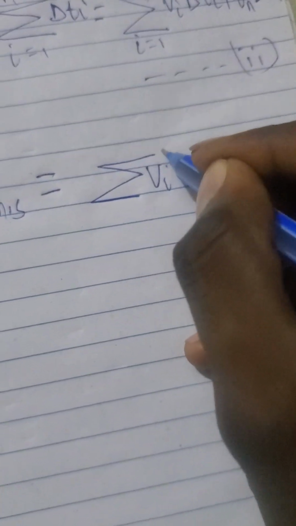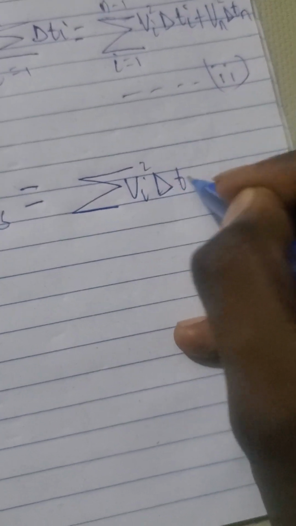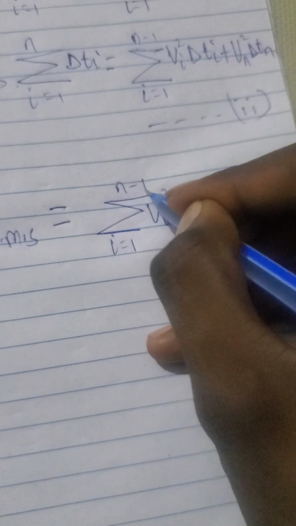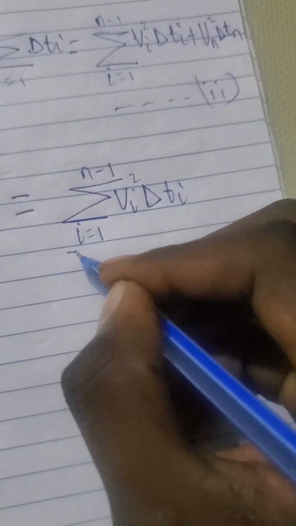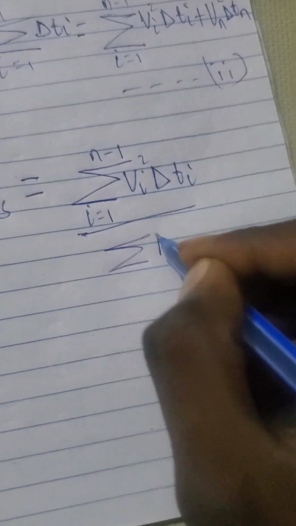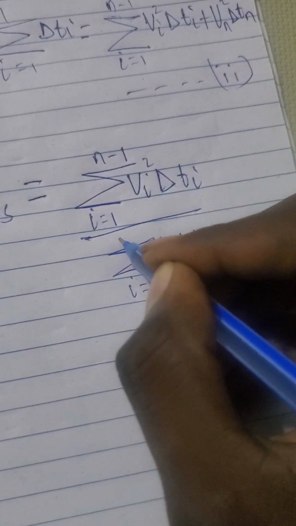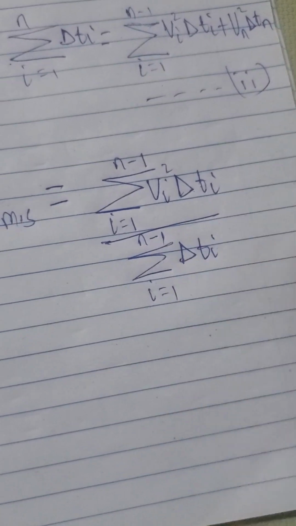for the term of n minus 1, the root mean squared velocity will be given as the summation of velocity i squared change in ti, i starts from 1 to n minus 1, over the summation of the one-way vertical travel time, i equals 1 to n minus 1.